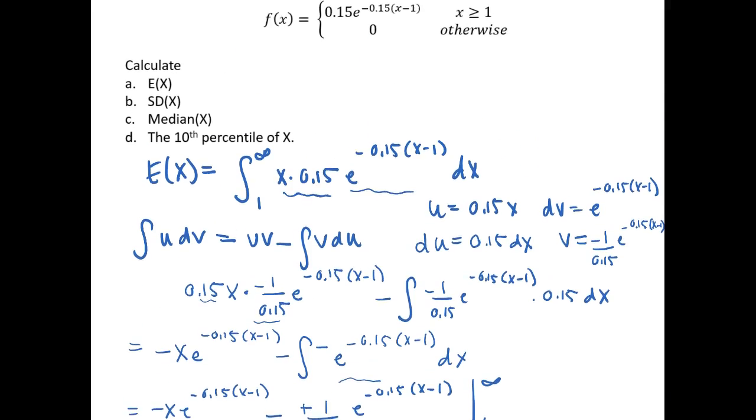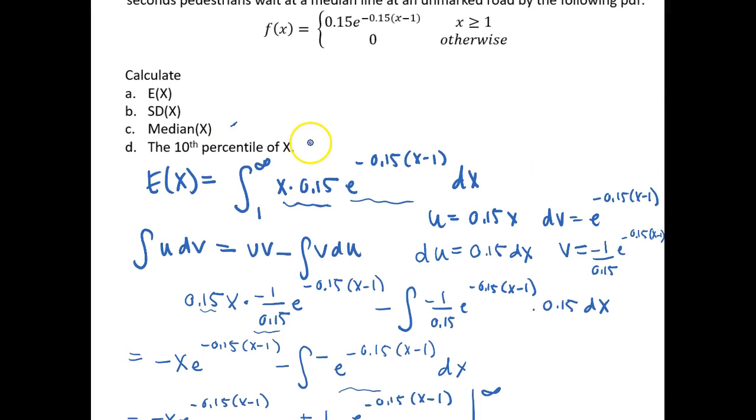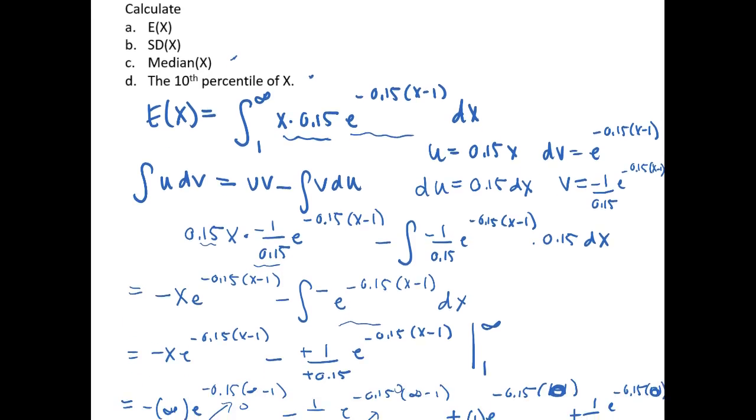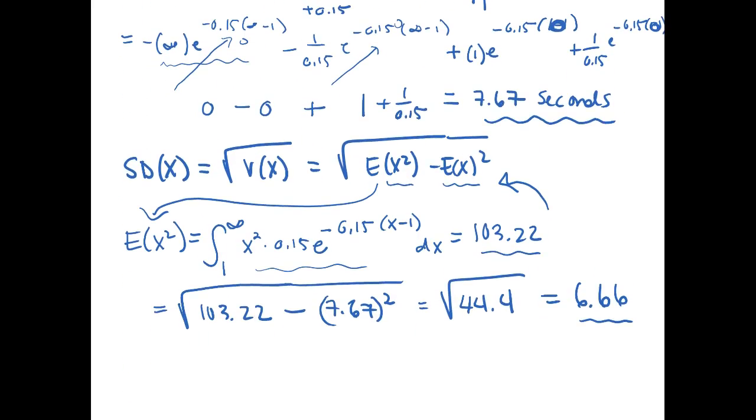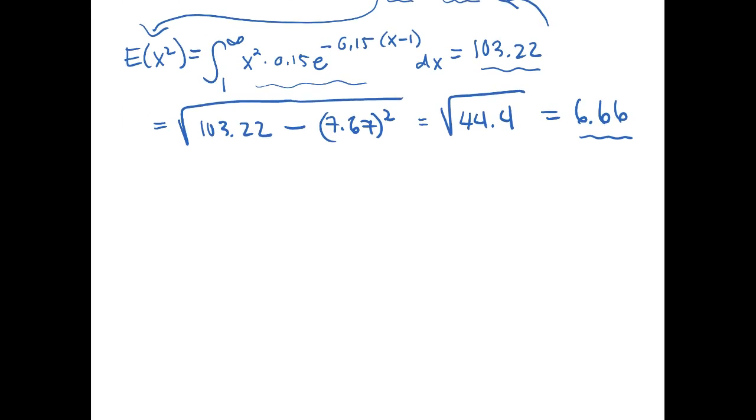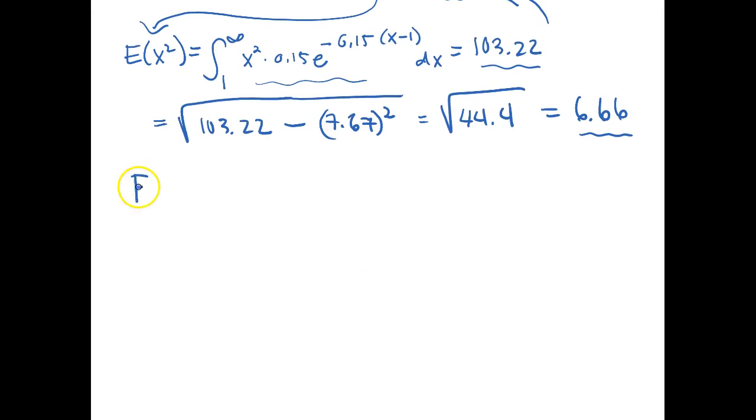All right, so now we want to find the median of x and the 10th percentile of x. To calculate these values, I recommend that we first calculate the CDF, the cumulative density function. So F of x is equal to the integration from our lower bound up to the placeholder x of our PDF, 0.15 e to the negative 0.15 (t minus 1).